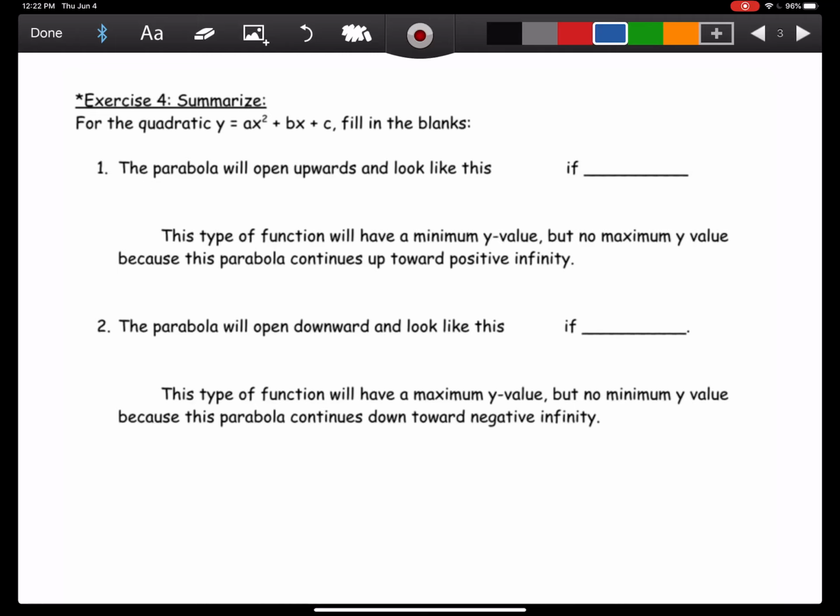Okay, summary page. So again, thinking about y equals ax squared plus bx plus c, the first point to make is that the parabola will open upwards and look like this if a is greater than 0.